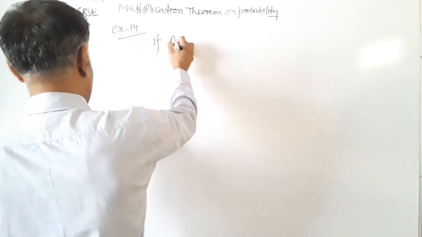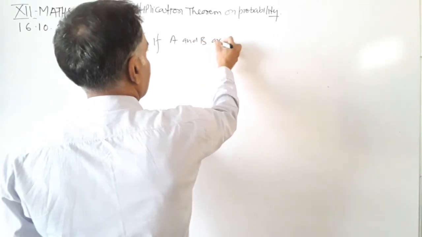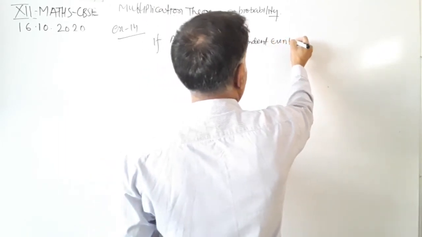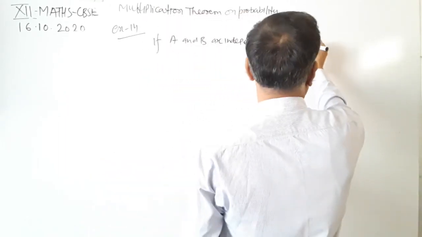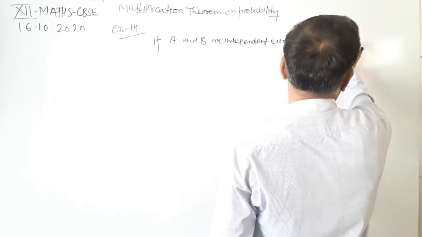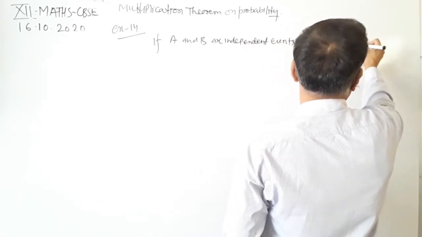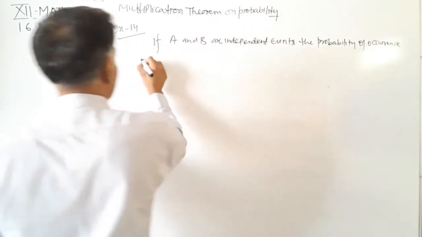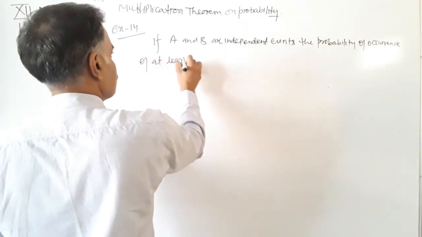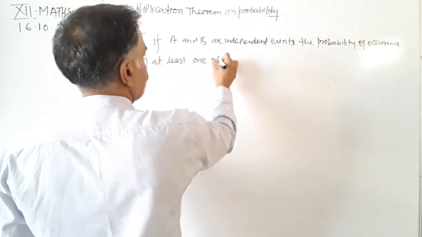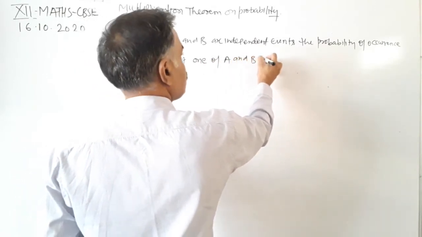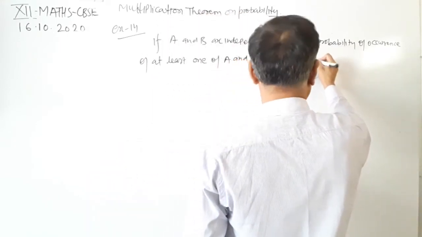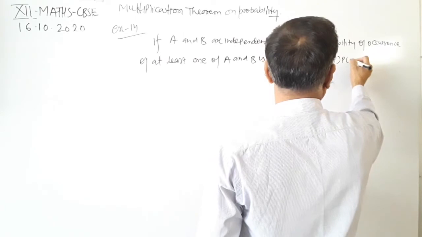If A and B are independent events, then the probability of occurrence of at least one of A and B is given by 1 minus PA dash PB dash.